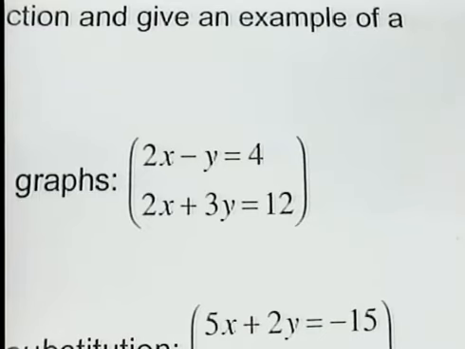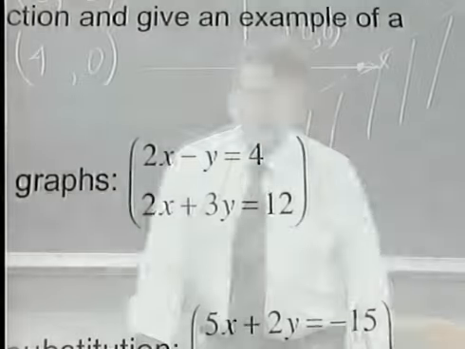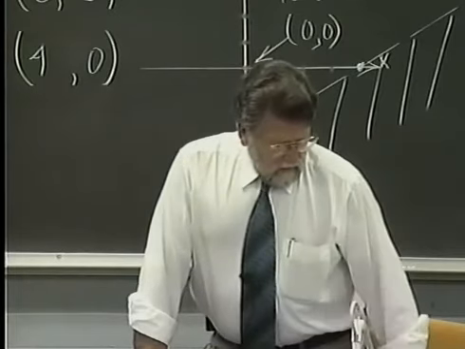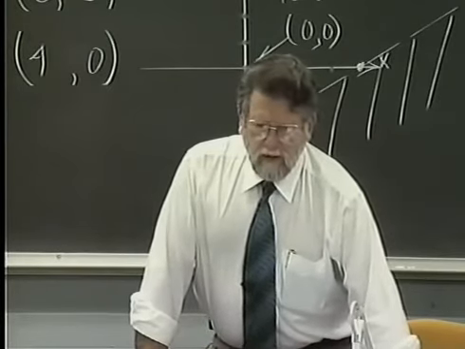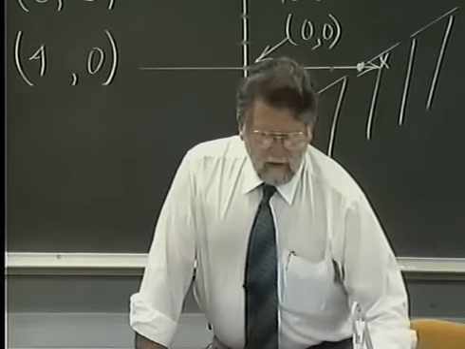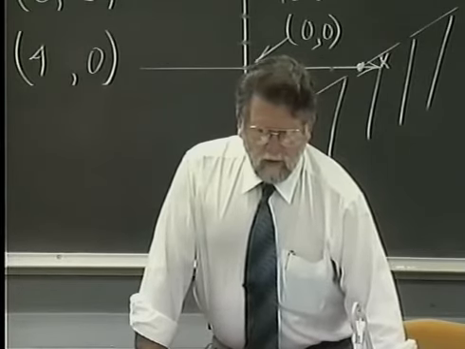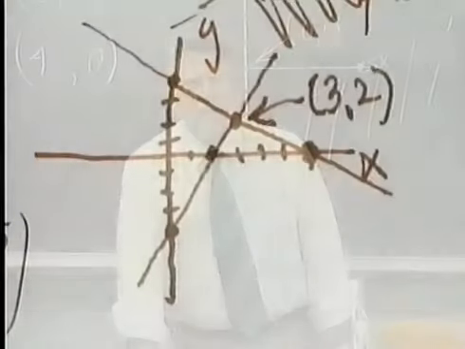Using a graph. So as a graph, I didn't expect you to do substitution. I didn't expect you to do elimination. I wanted you to draw the lines. So as we come off there, this, again, isn't the most elegant looking graph in the world, but it illustrates.